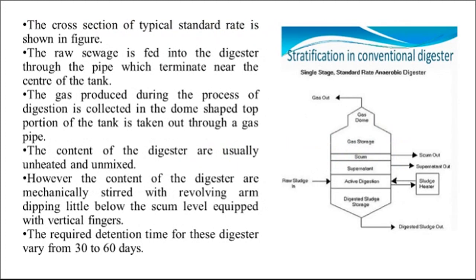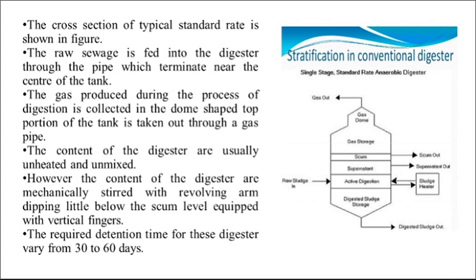The cross section of a typical standard rate digester is shown in the figure. The raw sewage is fed into the digester through a pipe which terminates near the center of the tank. The gas produced during digestion is collected in the dome shaped top portion of the tank and taken out through a gas pipe.